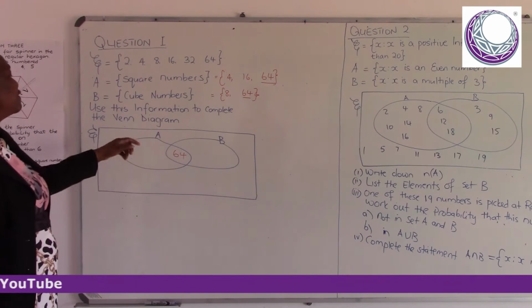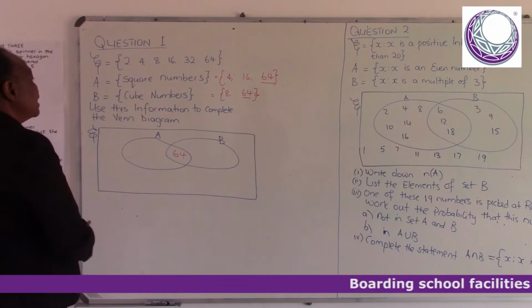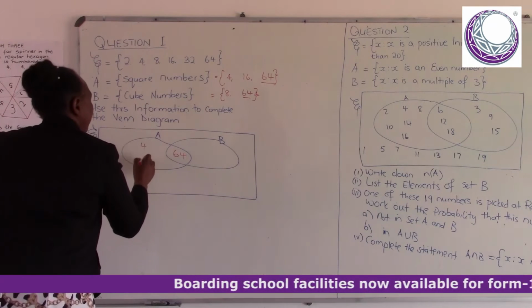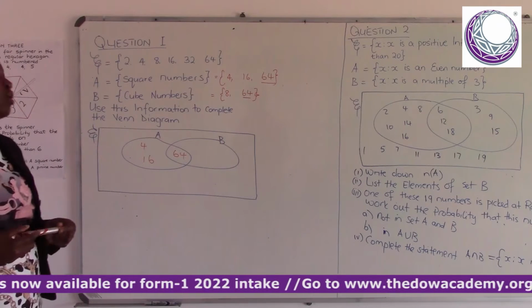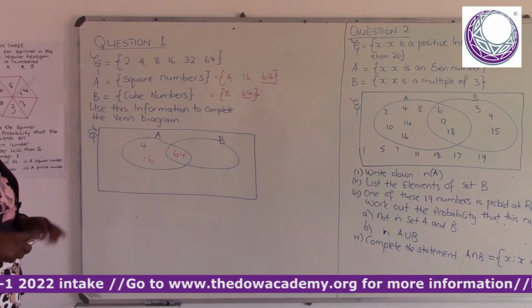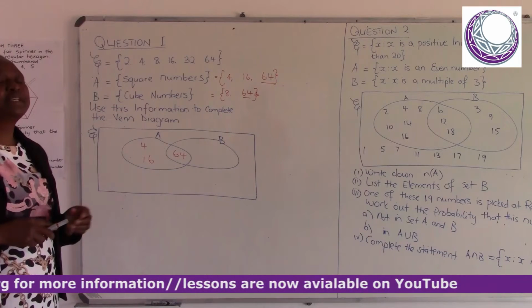Then on the side of B, I can see that 64 is already in. What is remaining is 8. I put it because B has 2 elements only, and I can see if I can just go through the boundary for B, I have enclosed all my elements in set B.